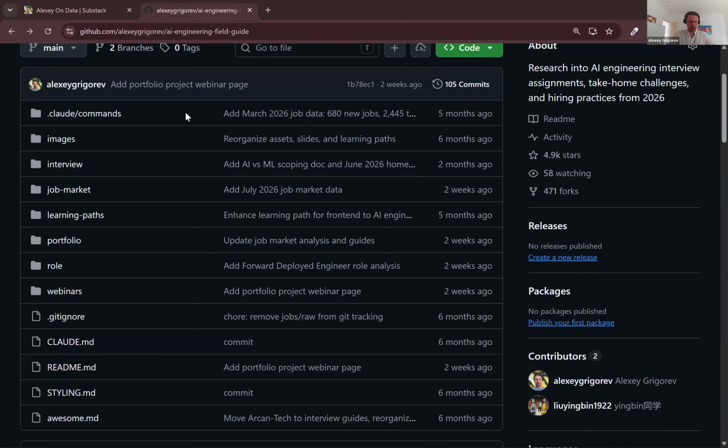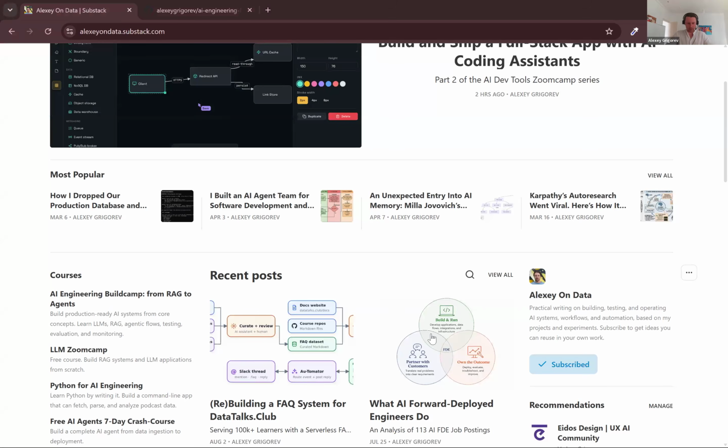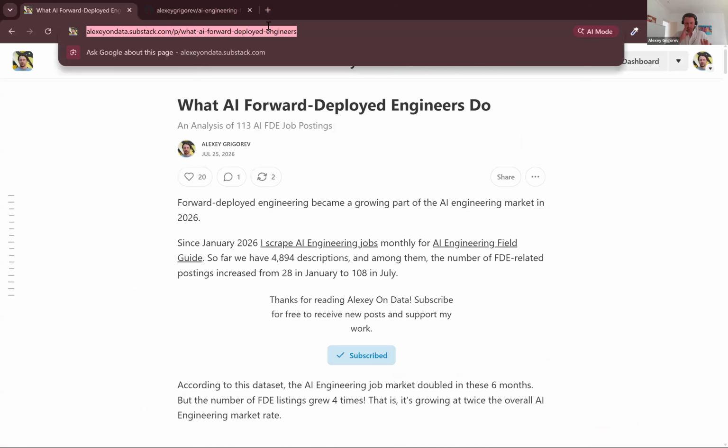And what I'm going to start with is this post I wrote. I wrote a post about these forward deployed engineers some time ago. And what I want to do is start the discussion by going through the post. But for me, it's more a way to seed the discussion, right?